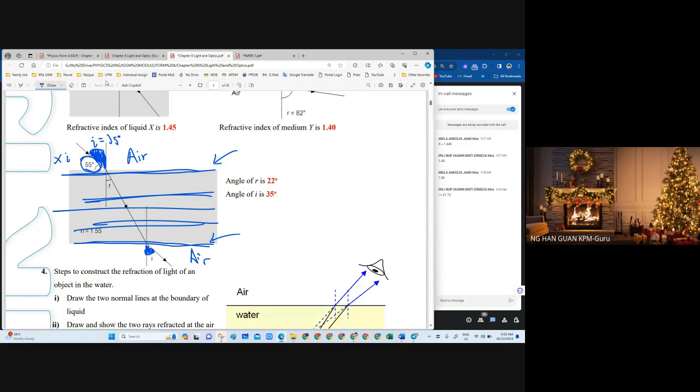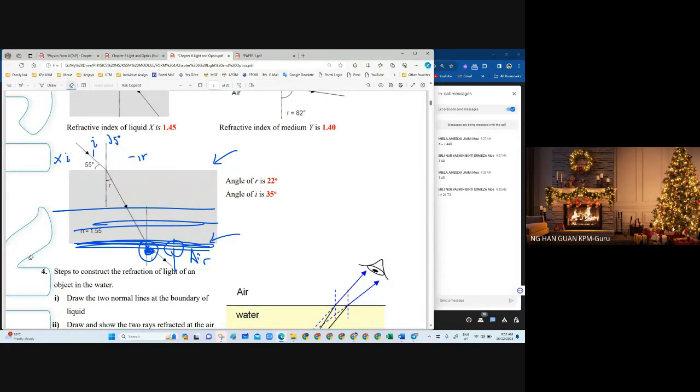Even if inside it bends towards the normal several times, at the end when it comes out, it still has the same angle. So as long as they are parallel borderlines, just take note of this. That's why we know the angle i at the bottom here is 35 degrees.